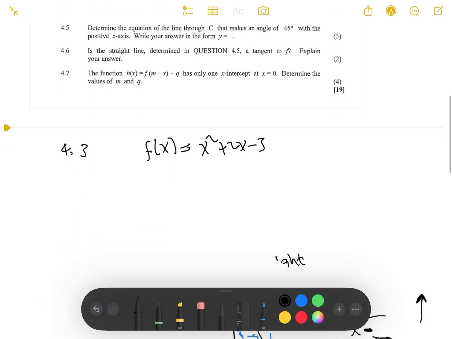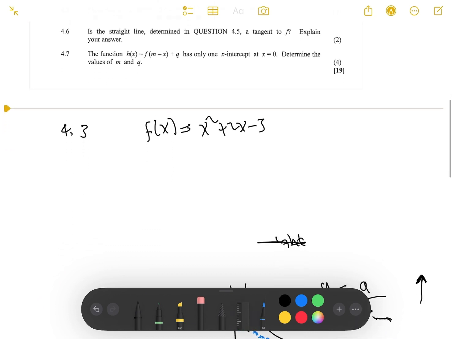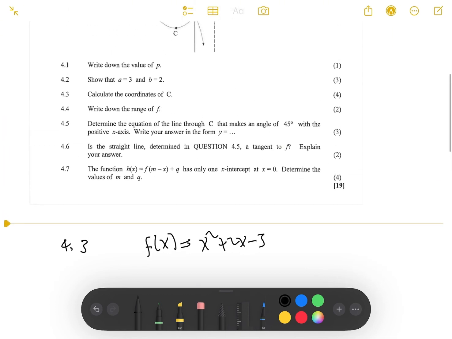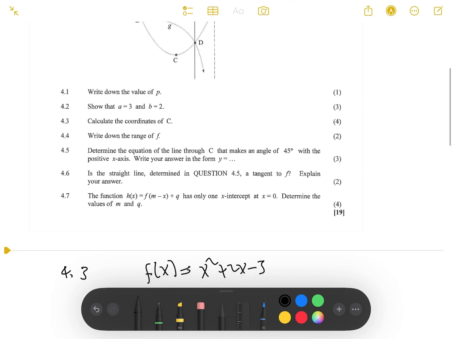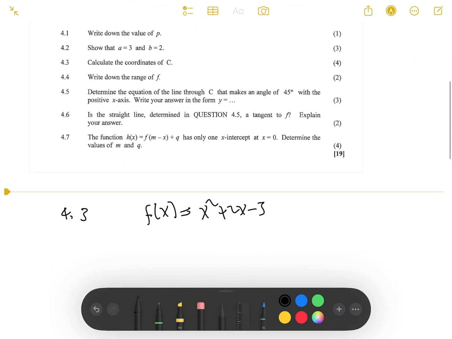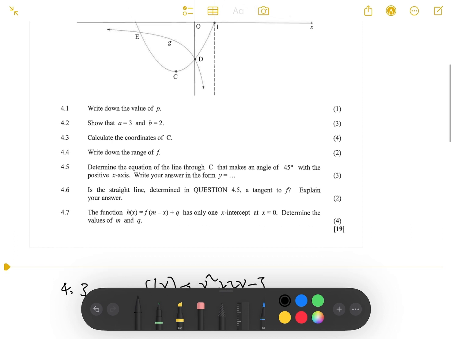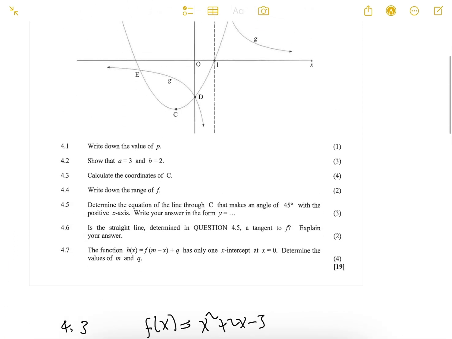We're going to use this to find our value of C. And we know that at C, it's at the turning point, right? And what happens at the turning point?